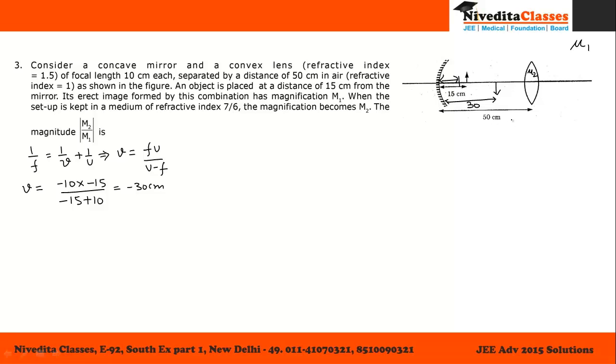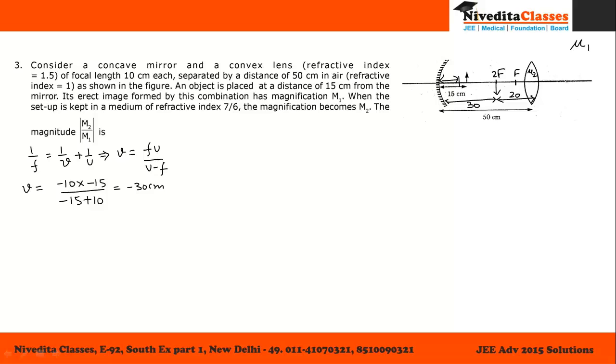As the total distance given to us is 50, we can say that the image will be formed at 20 centimeter from the lens. Now the focal length which has been given to us for the lens is also the same, which is 10. So as we can see, our object, which is actually the image formed by the mirror, is placed at 2f.